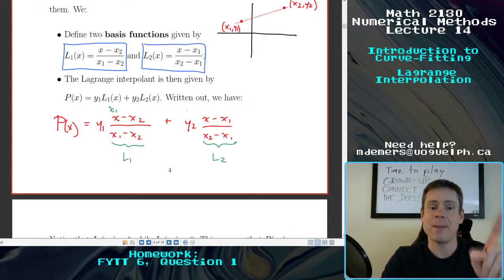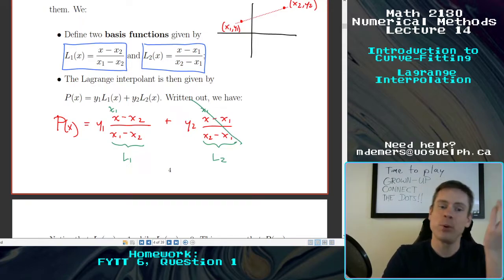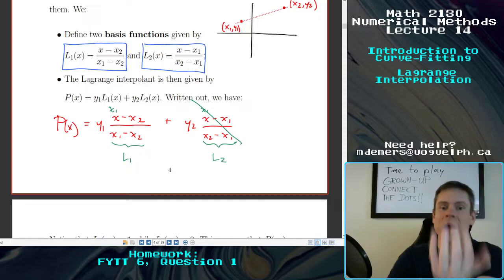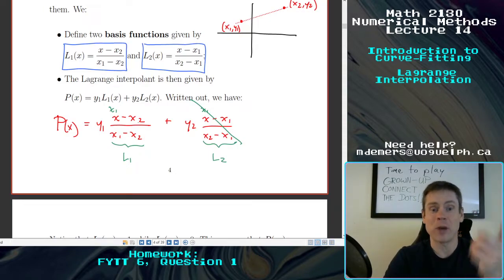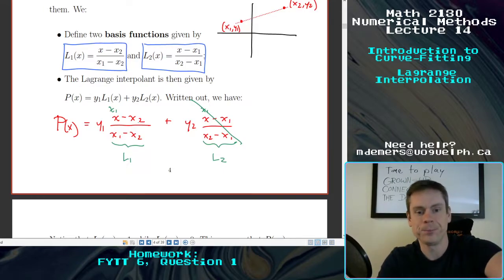At the same time, if I put x1 in here, x1 minus x1 is 0, and this term dies completely. So if I put x1 into a polynomial of this form, I end up with y1 times 1 plus y2 times 0. In other words, when I put in x1, I get y1, which is what I need. I need a line that goes through x1, y1.